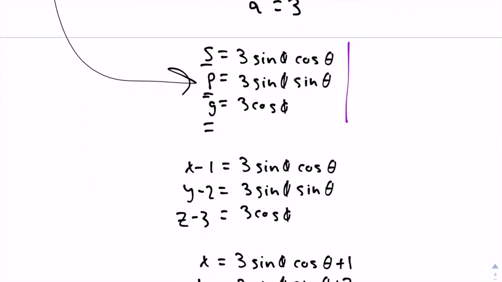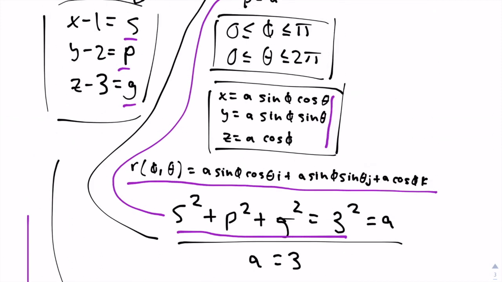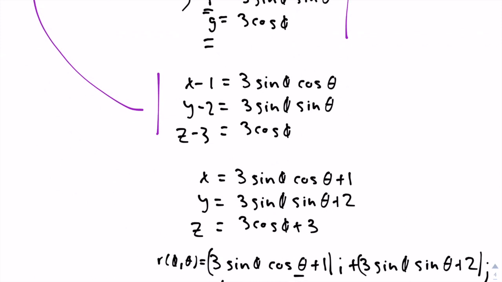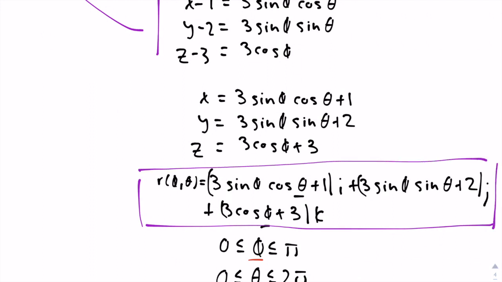Then we substituted back in the values for s, p, and g, and when we added the 1, 2, and 3 to the other side respectively for the x, y, and z equations, we were able to get our parametric representation for a sphere centered at 1, 2, 3 with a radius of 3.